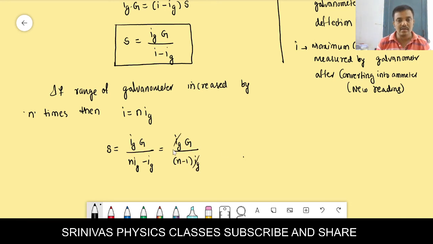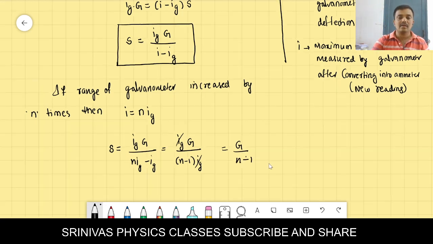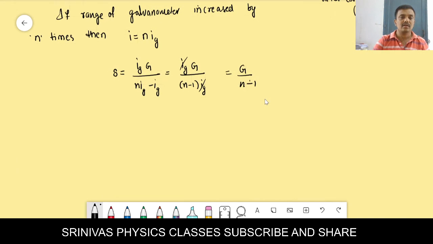This Ig will cancel, and finally we get G by n minus 1. Here we got the final formula, that is S is equal to G by n minus 1.